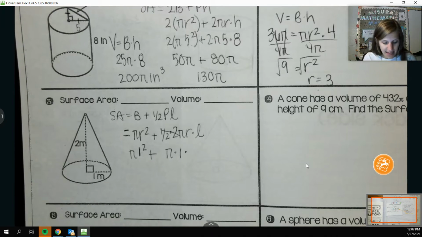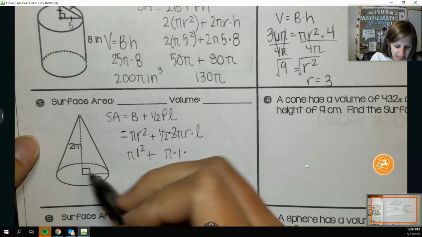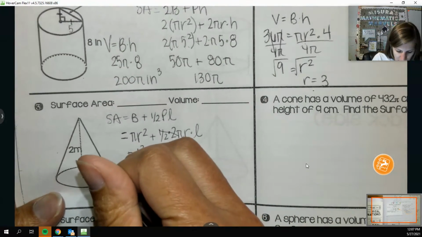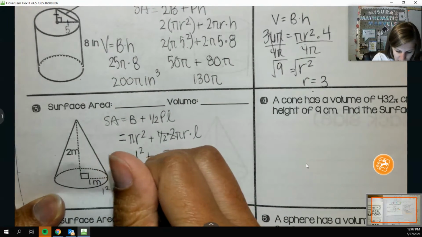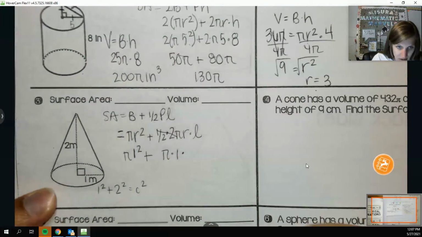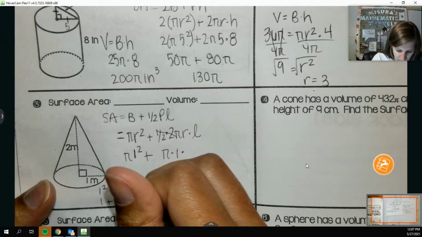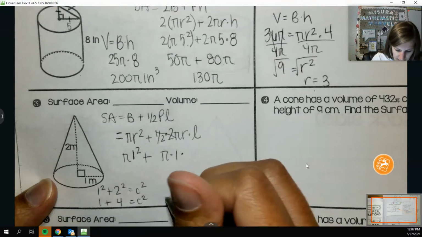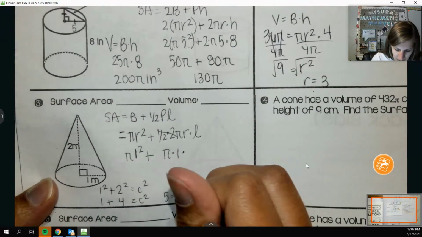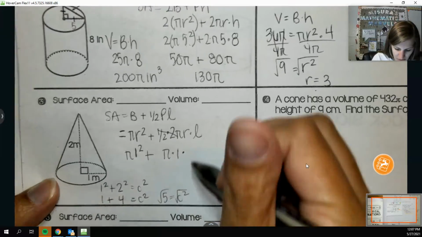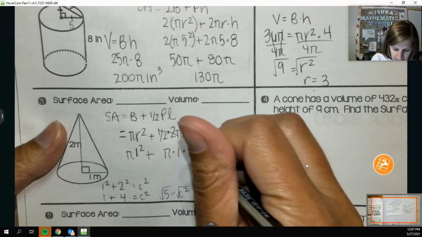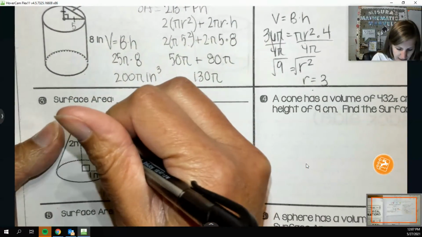But I can find it because I have a right triangle here. And so I end up doing 1 squared plus 2 squared equals that hypotenuse that I do not know squared. So 1 plus 4 is 5. And then I square root it, for a slanted height of root 5.